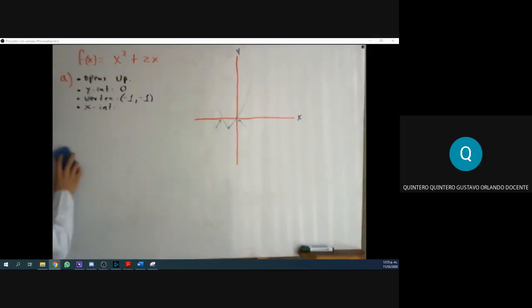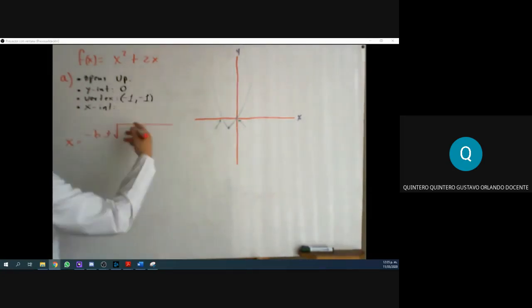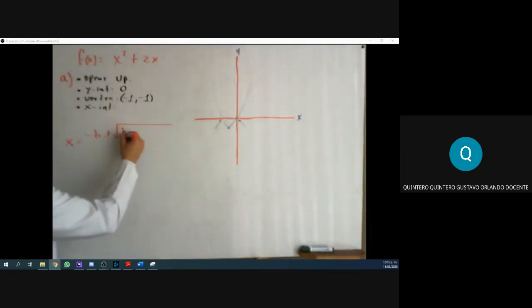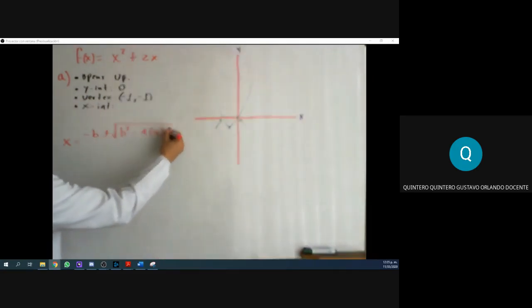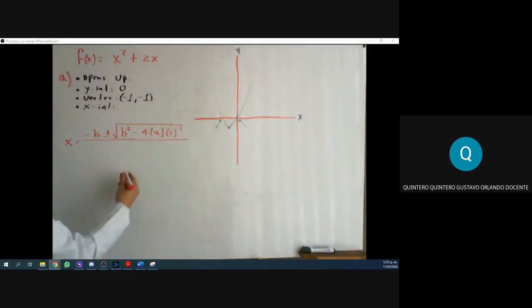Okay, so our quadratic formula, if you don't remember it, I'm going to write it to you right now. It'll be negative b plus or minus, we have a square root, and inside the square root will be b squared minus 4 times a times c, and all of that over 2 times a, right?